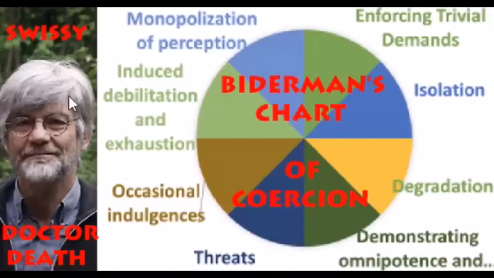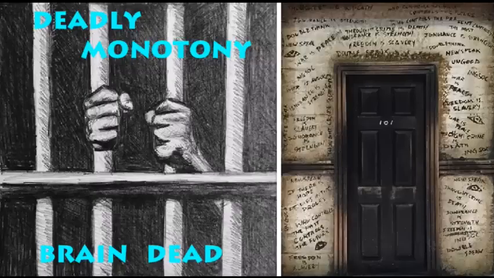So here he is, the Swissie, the expert on the Biedermann chart of coercion. And here point 2, the monopolization of perception. So the Swissies entirely monopolize my daily intake of perception, which becomes the same every day, without any variation. Like, for instance, a prisoner only eating a bowl of rice without salt every day, or the same watery concentration camp soup every single day.